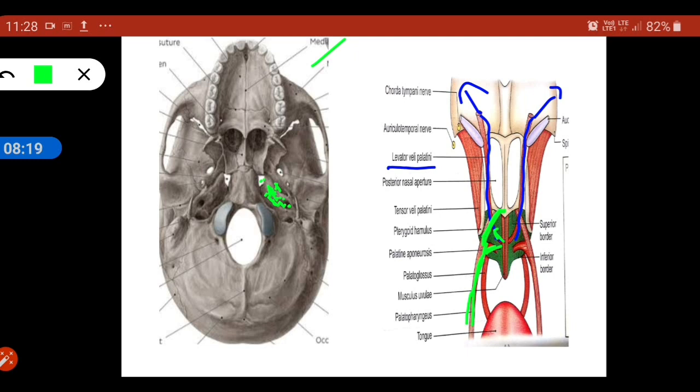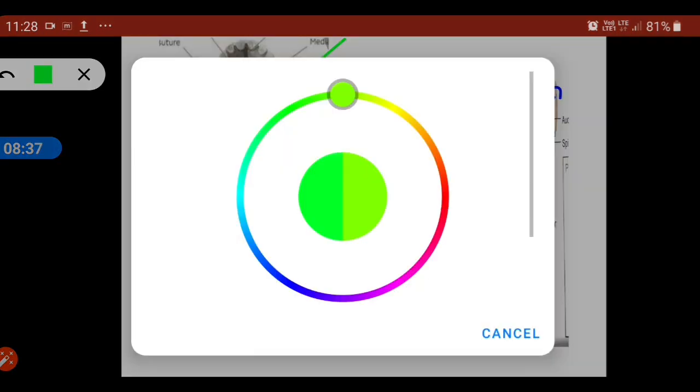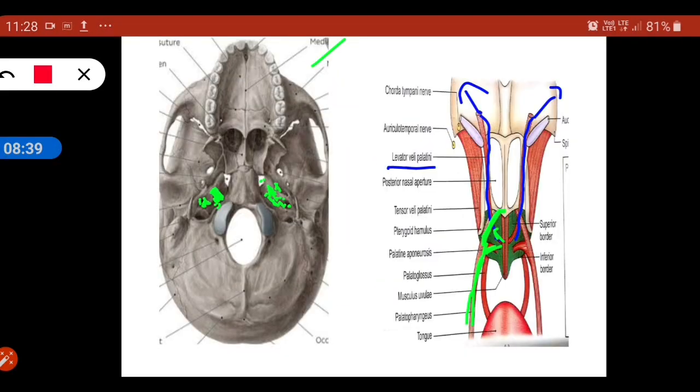Now the levator veli palatini muscle arises from the undersurface of the apex of the petrous part of the temporal bone. It arises from the carotid sheath. Carotid canal is here, so carotid sheath will be there, and it arises from the medial lamina of the auditory tube. This is the auditory tube. This is the medial lamina of the auditory tube.